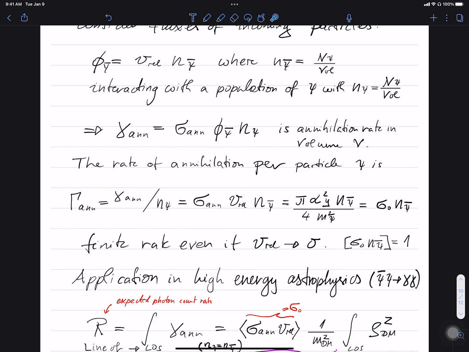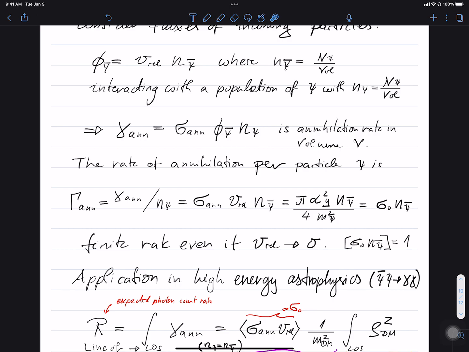So we have an annihilation rate that is given by pi alpha squared divided by 4 m psi squared times the number density of psi bar. This quantity is often called sigma naught, the leading order expression for this annihilation, and it's just sigma naught times n psi bar. And you see that it is finite even if the velocity goes to 0.